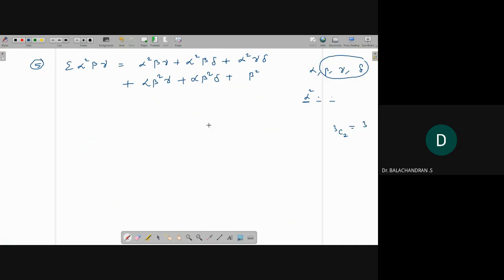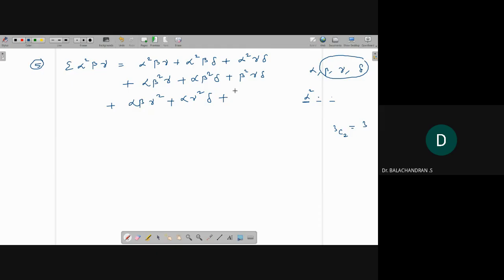So I will write beta square gamma delta. Similarly, you should write next alpha beta gamma square. Here I am fixing gamma square, plus alpha gamma square delta.